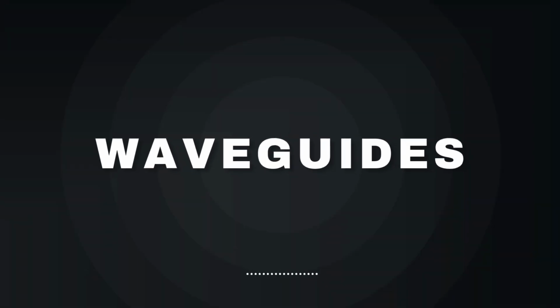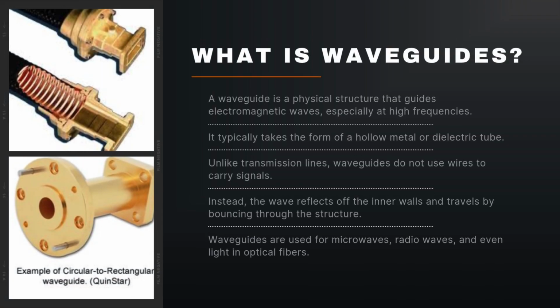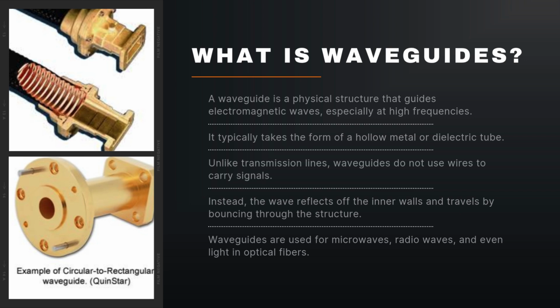Now, let's move on to waveguides. A waveguide is a structure that guides electromagnetic waves, especially at high frequency, such as microwave or light waves. Unlike transmission lines, waveguides do not use conductors to carry current. Instead, the wave is confined inside a hollow tube and it bounces off the inner wall while traveling forward.